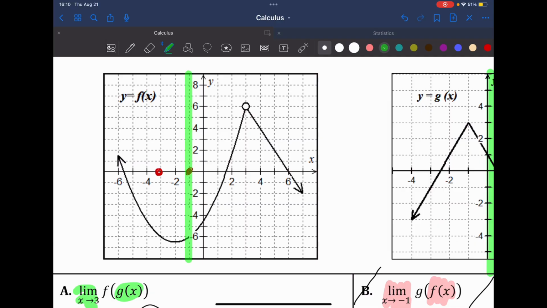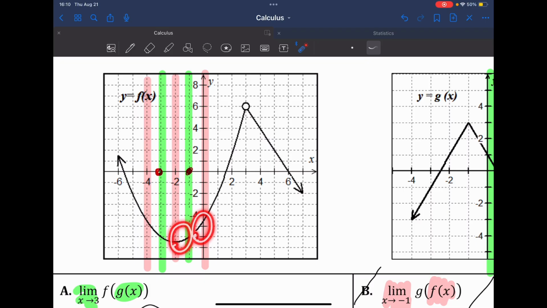We would look at the small boundary around each one, and we'll notice that when we are looking at -1 from both sides, this side and this side, we get -6. And if we're looking at -3 from this side and this side, it's also approaching -6.